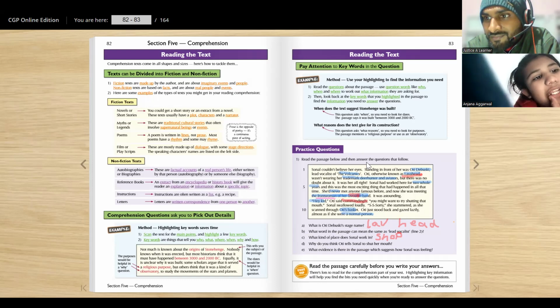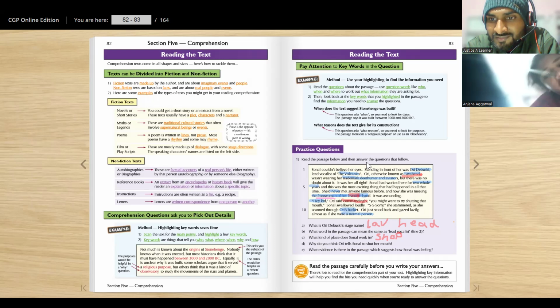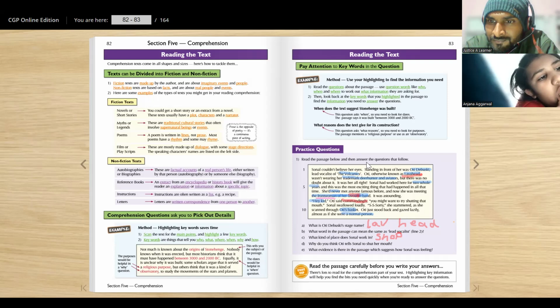Yeah, but Sonal isn't a... Oh, this is so easy. Sonal likes to sing, and she saw her favorite front woman of her favorite band, but why did the front woman say to shut her mouth?